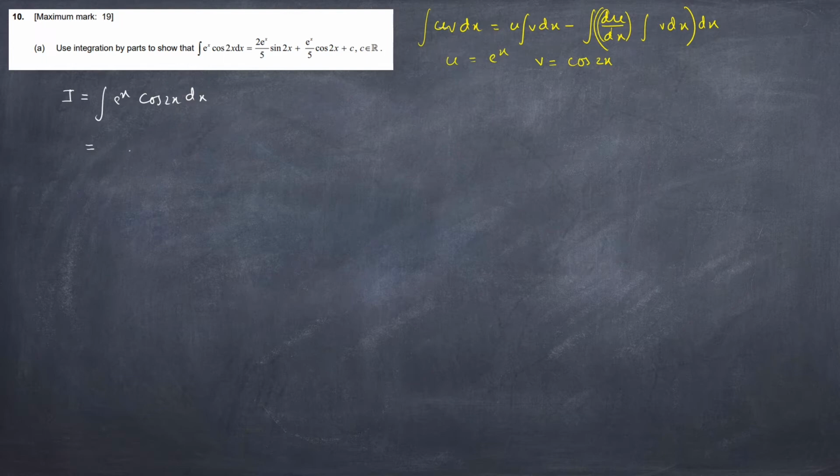So it will be e to the power x integration cos 2x dx minus integration. Now here I am doing d dx of e to the power x equals to e to the power x. So d dx of e to the power x is e to the power x.